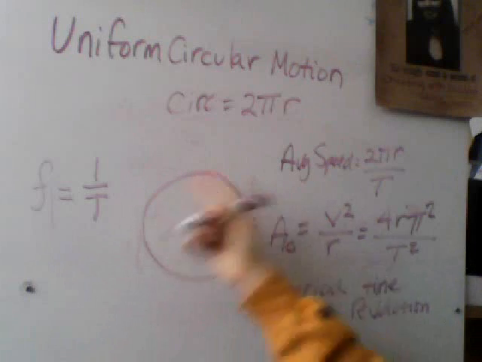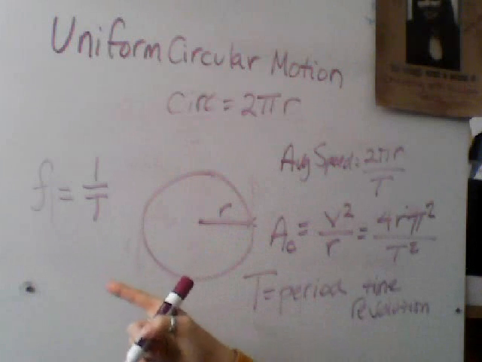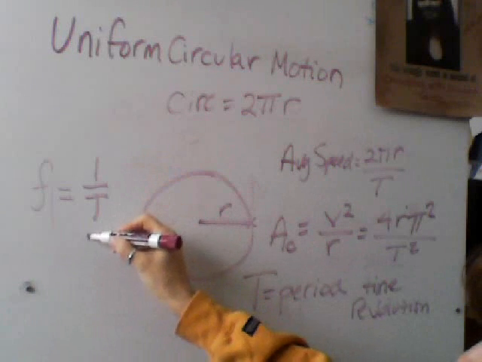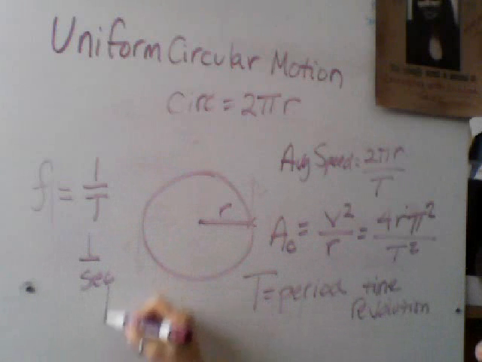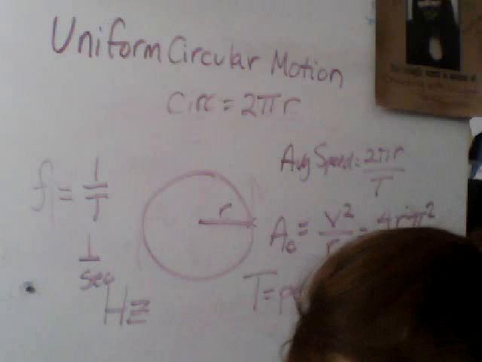So if this were to go really, really fast at 5 revolutions every second, that would be its frequency. And so frequency is measured in 1 over seconds, and hopefully you remember that this is also known as Hertz, for Heinrich Rudolf Hertz, who discovered that.